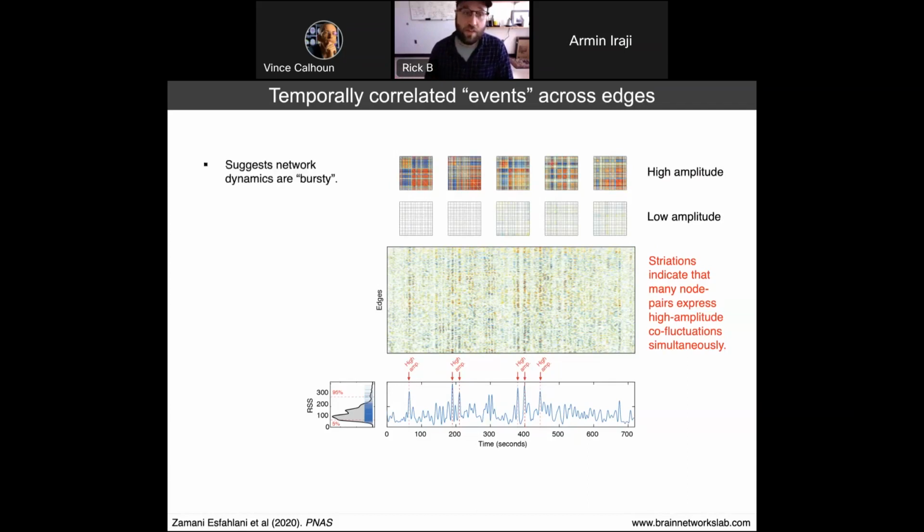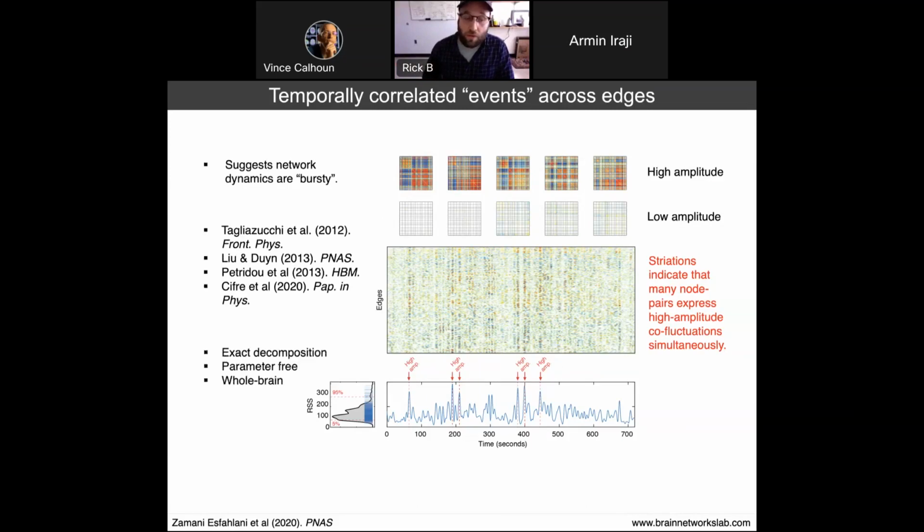And to us, this suggested that at a frame-wise resolution, as measured with co-fluctuation time series, our network activity is bursty. It's transitioning between these periods of high amplitude co-fluctuations and then periods of quiescence. This is not a new idea, I should point out. There's lots of work that has hinted at similar phenomena in fMRI and other modalities.